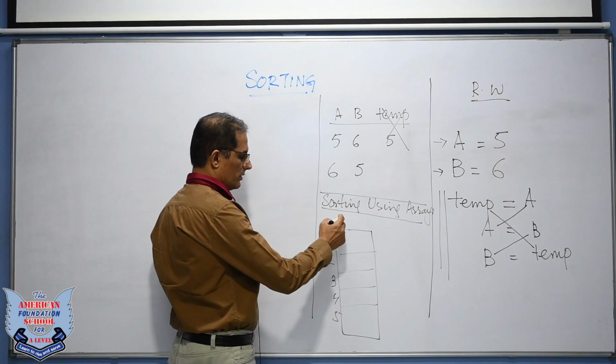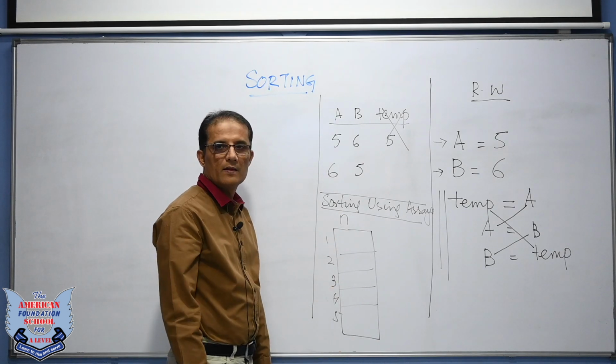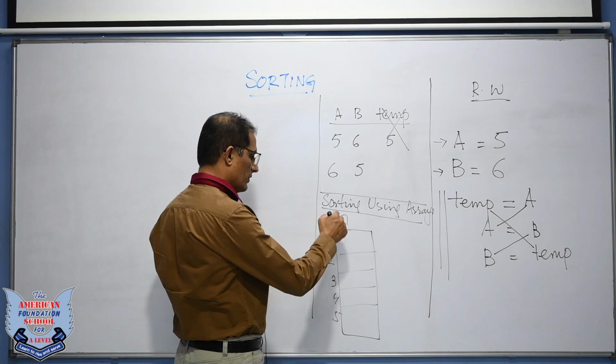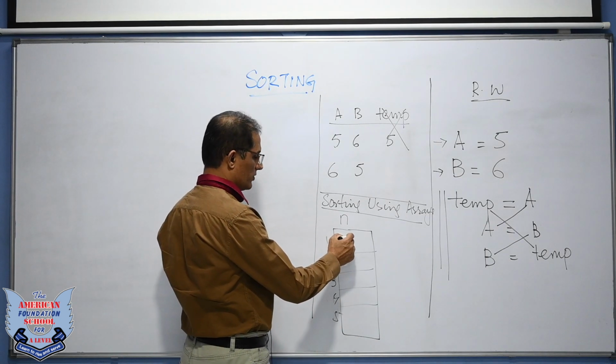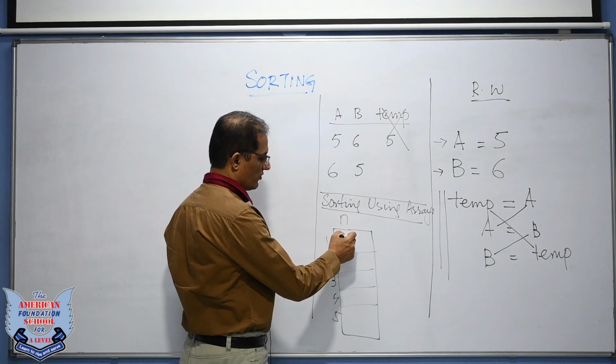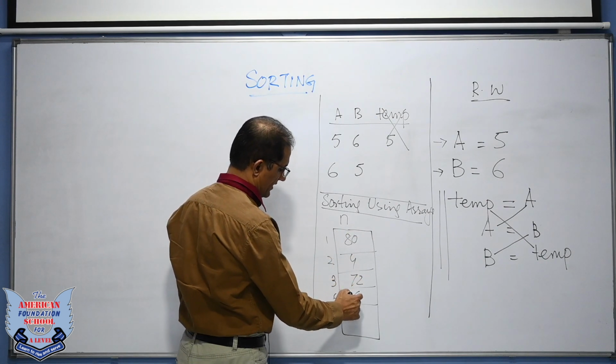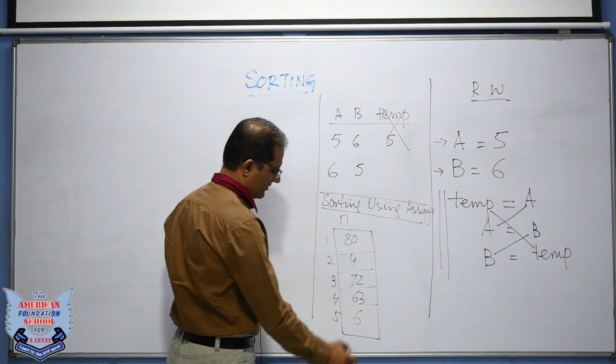The array has been labeled as n. And then in that array n you have the numbers stored, but these numbers are stored in jumbled up order, meaning they are not in sequence. So I'm writing 80 first and then 4 after that, 72 and then 63 and then 6.